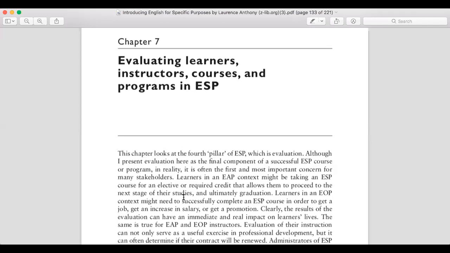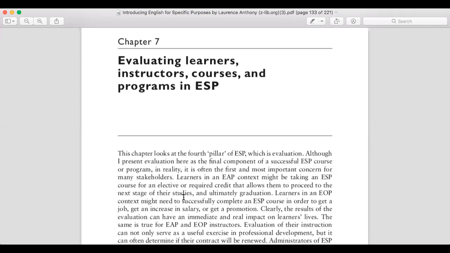Now, basically, what we gather from evaluating is, and why do we evaluate anything? As far as ESP is concerned, the evaluation basically starts with the course, okay, so with the course and with the learners, right?